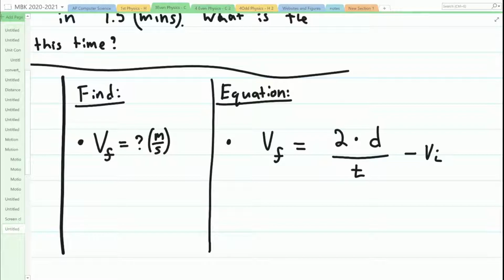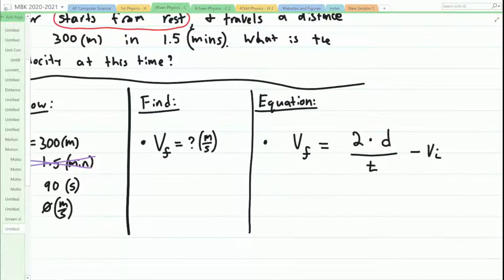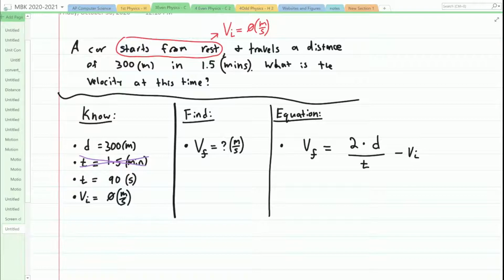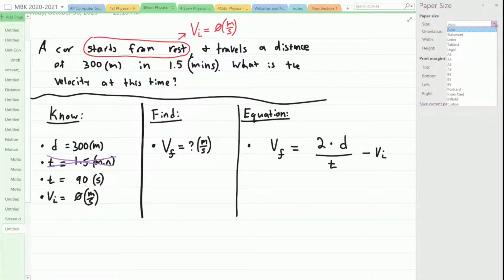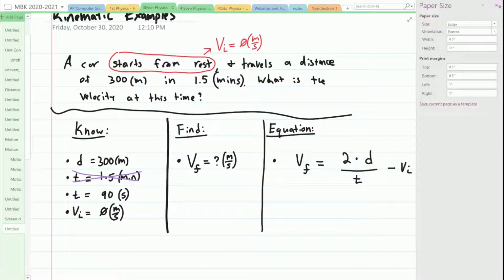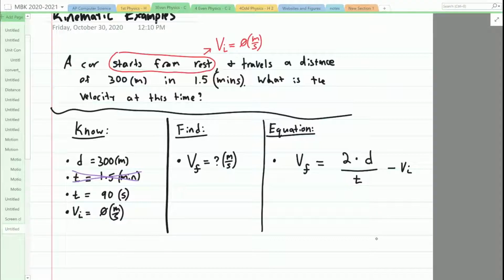Cool. Now, before we start plugging values in, I did not make this proper size. Okay, there we go. That's better.